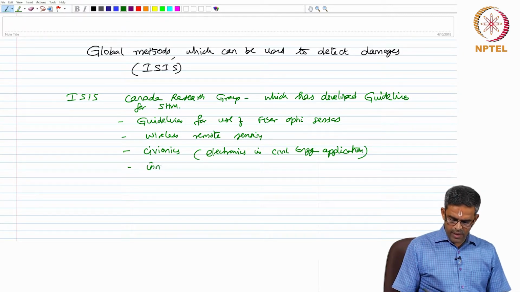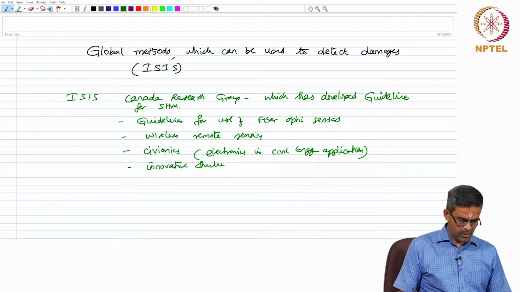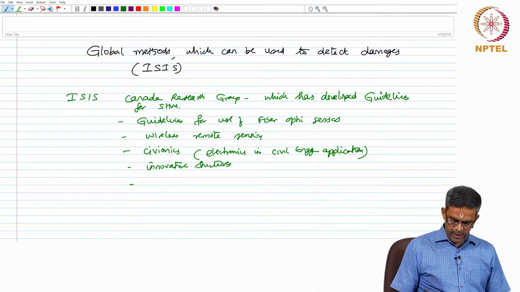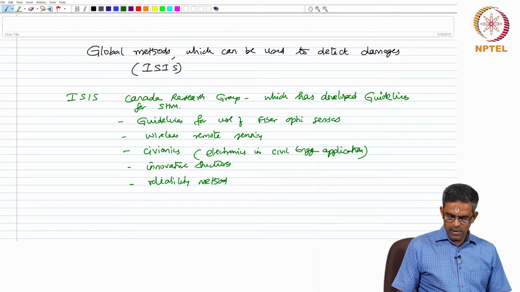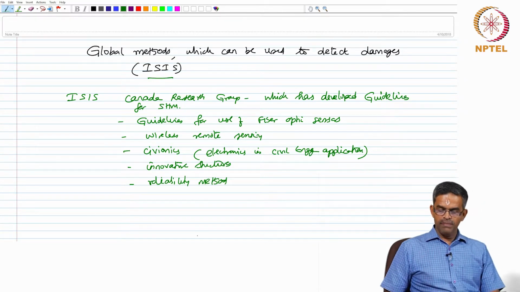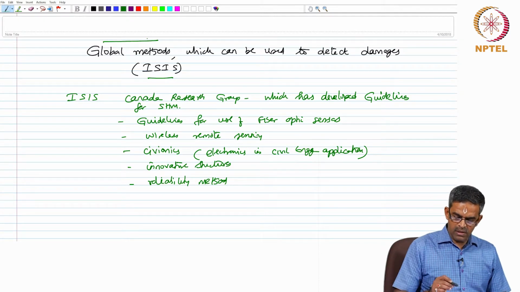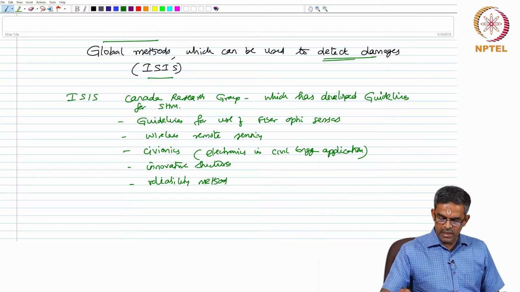They also have guidelines for health monitoring of innovative structures and reliability methods. ISIS have recommended many global methods for damage detection.